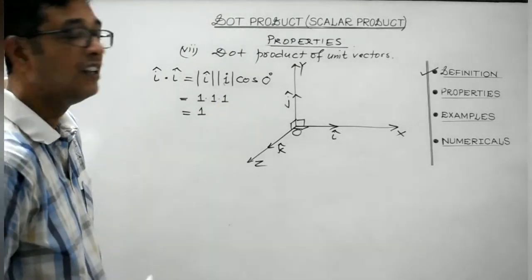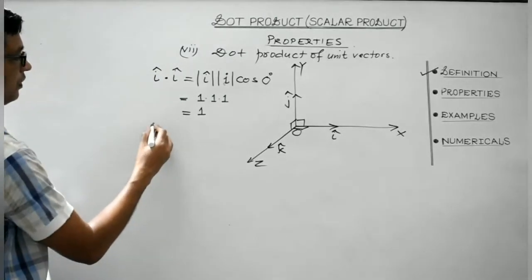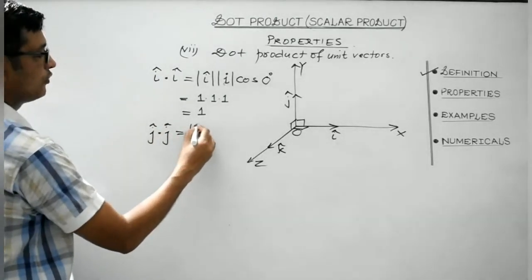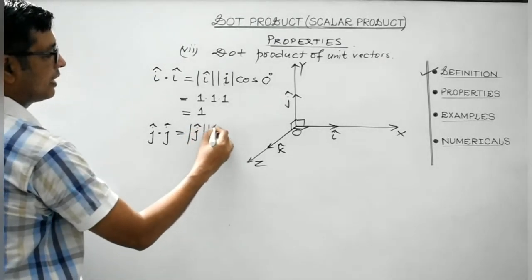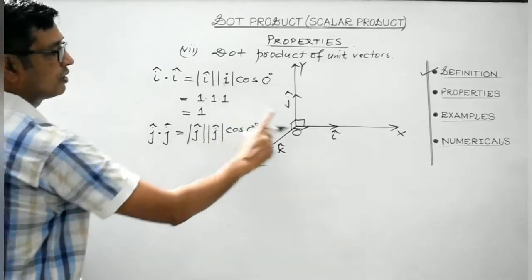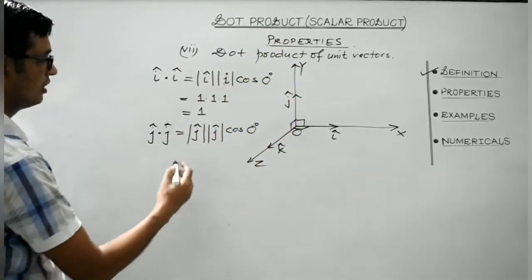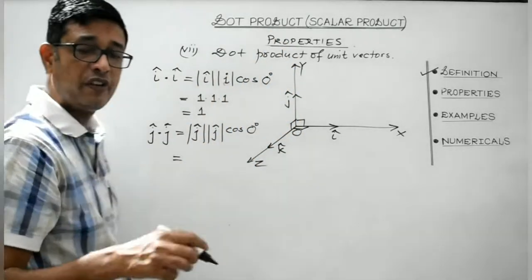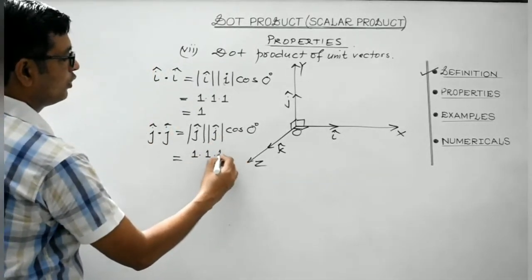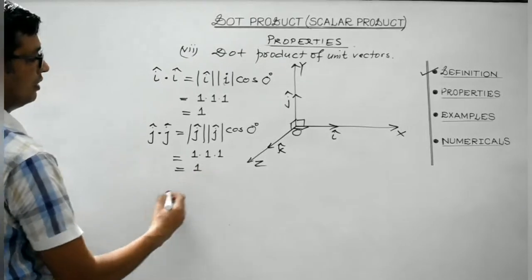Right, students? Similarly, j cap dot j cap will be equal to magnitude of j cap multiplied by magnitude of j cap and cosine of angle 0. The angle between these two is again 0 degree. They are equal vectors. The magnitude of any unit vector is always unity, so 1 into 1 into cos 0, which is 1, so again we get 1.